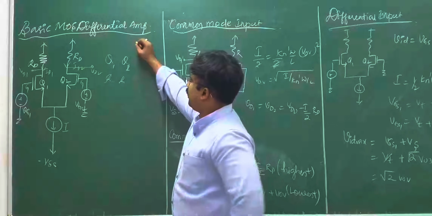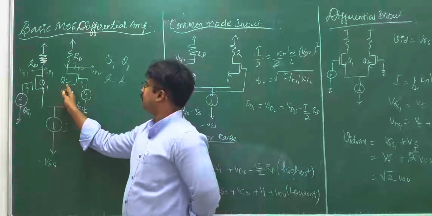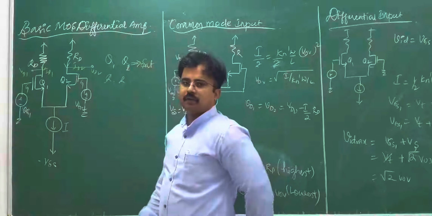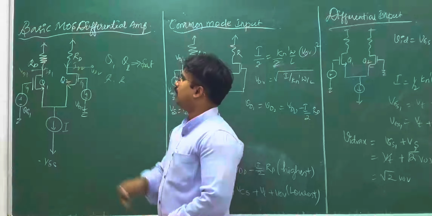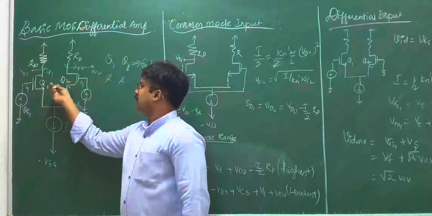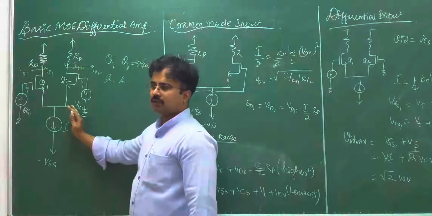The fundamental working principle of this circuit is that the Q1 and Q2 transistors are in saturation. This is achieved because Q1 and Q2 are biased using a constant current source.